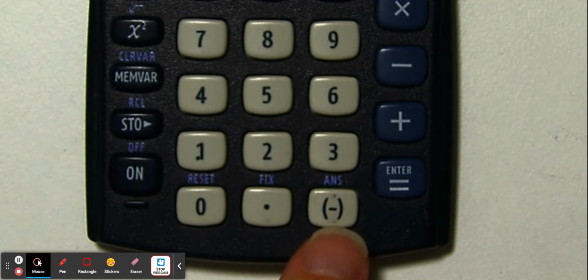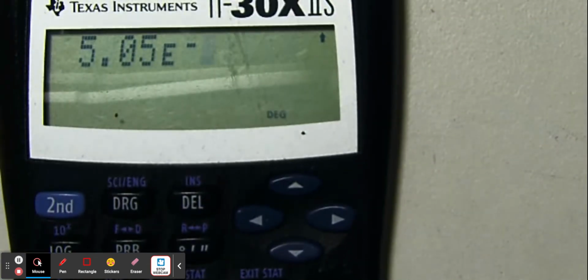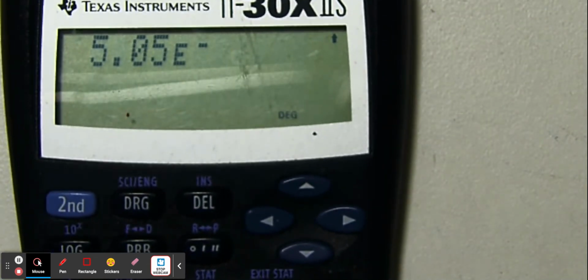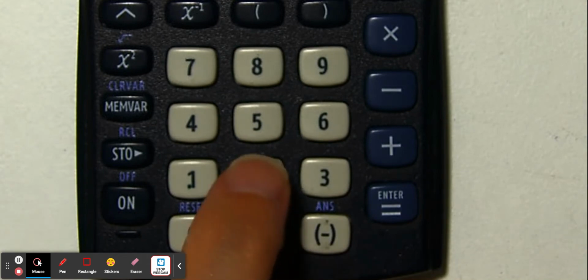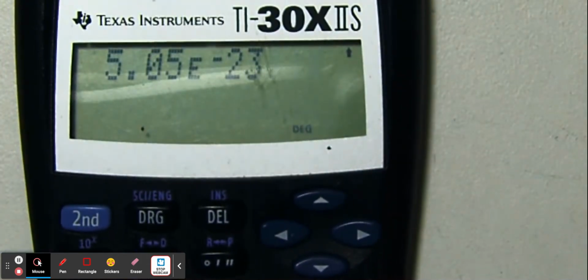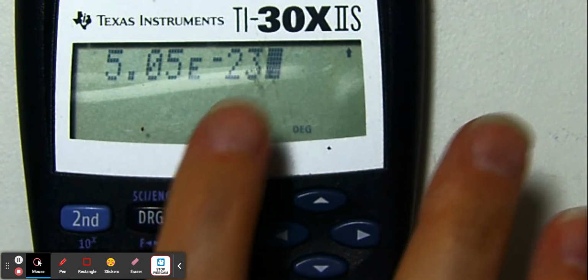So if you want to use a negative exponent, that's what you're going to push. So I'm going to push that, and you'll see that I get the negative, and then I'm going to put in 23 because that's what I'm saying the exponent is. And so that, ladies and gentlemen, is the number in scientific notation. So 5.05 times 10 to the negative 23.